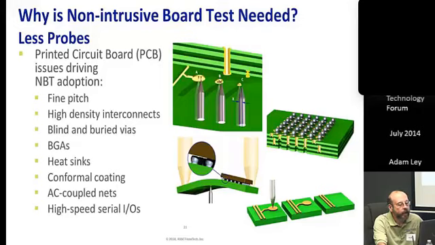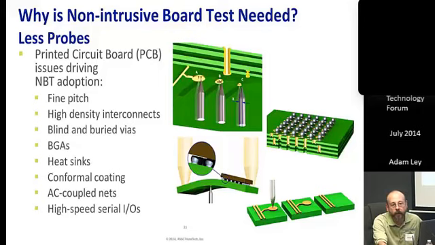Of course, we have blind and buried vias, as illustrated here. Quite obviously, if you have blind and buried vias, you can't probe the vias, so you have to bring those out to test points. And the reason that you have blind and buried vias in the first place is because you have a high-density circuit, and so you don't have room for test points.